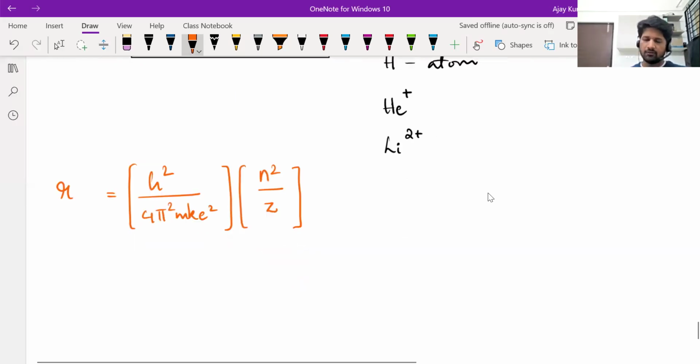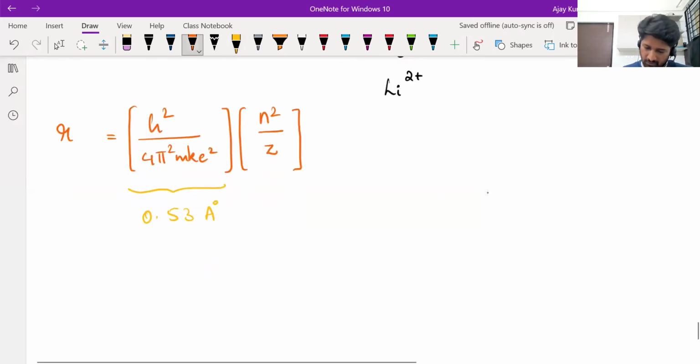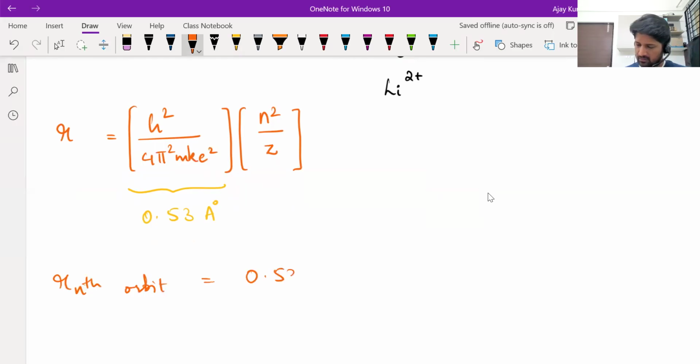And if you substitute all these, you get this as approximately 0.53 angstroms. Therefore, the radius of the nth orbit in a single electron species is equal to 0.53 into n square by z.